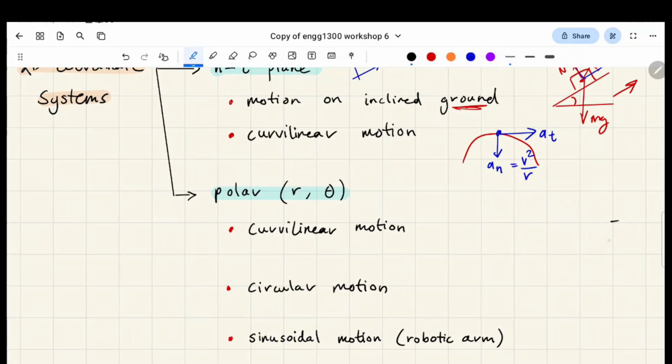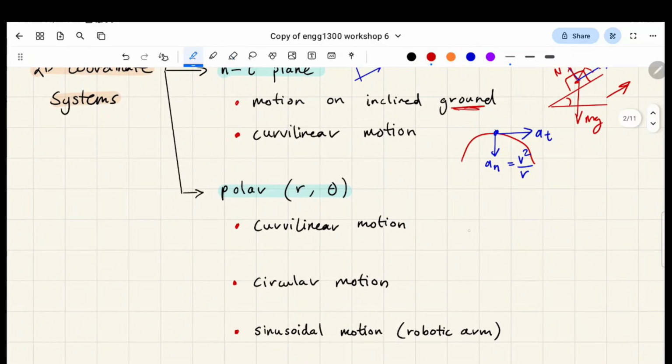Instead, for polar coordinates, say we have the path of a rocket that goes like this, and we have a satellite observing it. You'll see this in action for question 4.